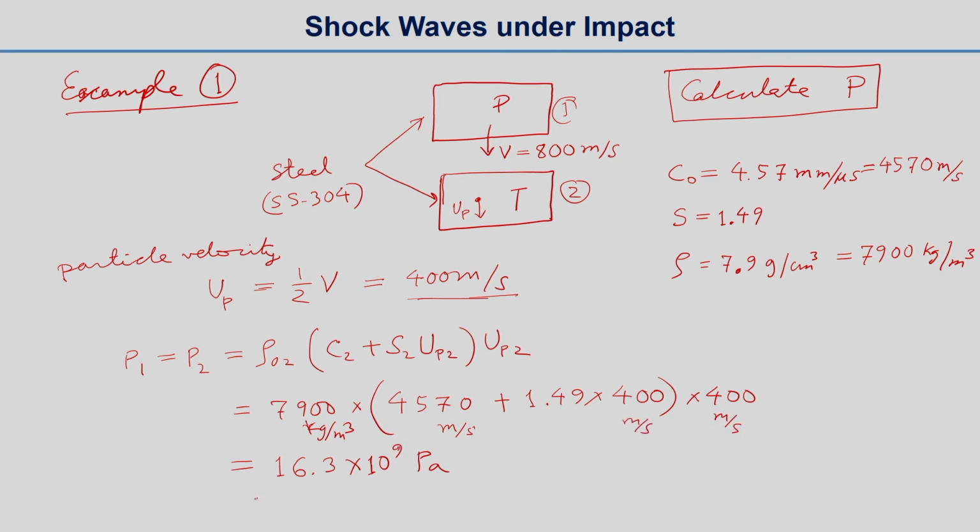So the final result is 16.3 times 10 to the 9 Pascal, which we can write as 16.3 gigapascal. It is a very high pressure. So the pressure generated due to the impact is 16.3 gigapascal, which is what we wanted to calculate. This is our final answer.